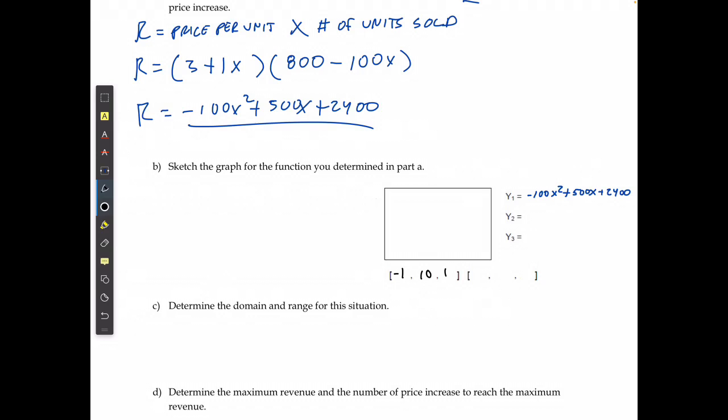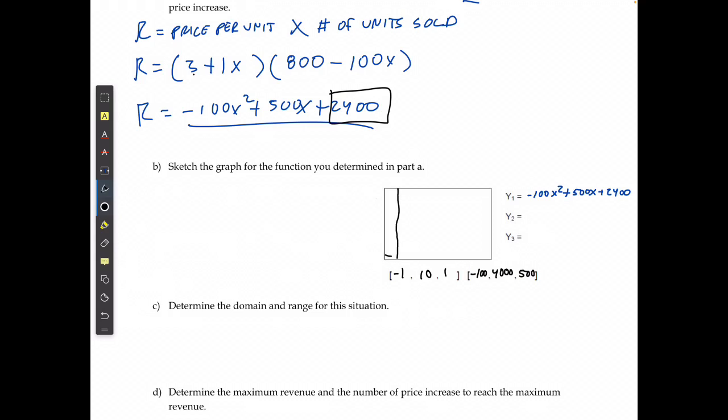For my y, because I know that if I didn't change anything, I'm already at 800 people, and if I have $3 times 800 people, I'm already starting at that 2400. I'm hoping to increase it from there. So I'm doing some pretty big numbers. I'm going to say -100, positive 4,000, and I'll make 500 the scale.